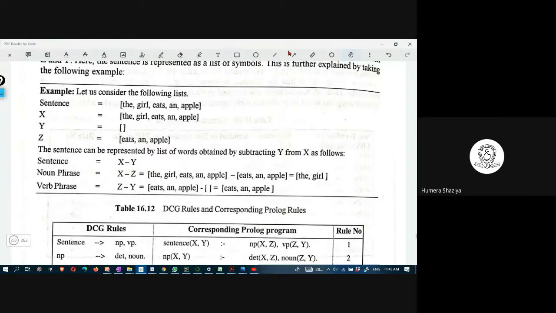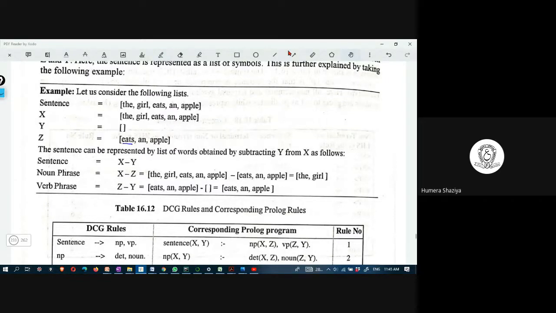Whereas for X minus Z, what is the noun phrase? To get the noun phrase, we have to subtract "eats an apple". Why "eats an apple"? Because it begins with a verb. If a phrase begins with a verb, then it is a verb phrase.